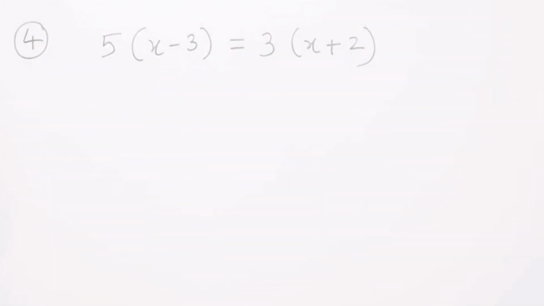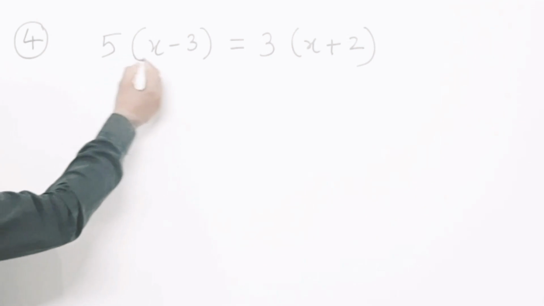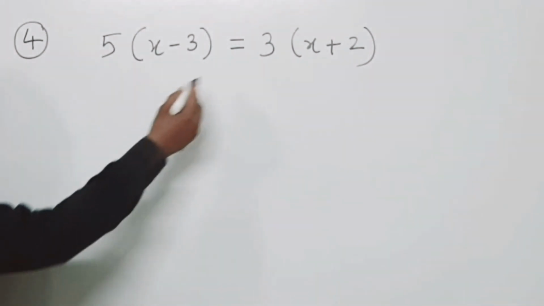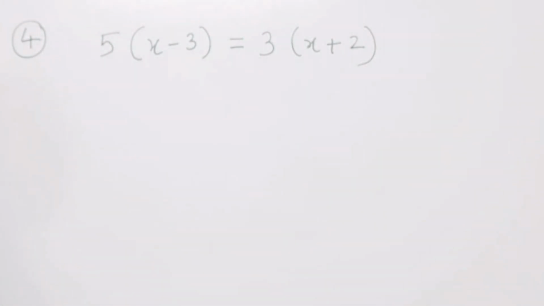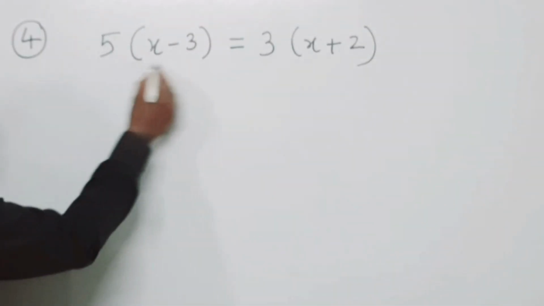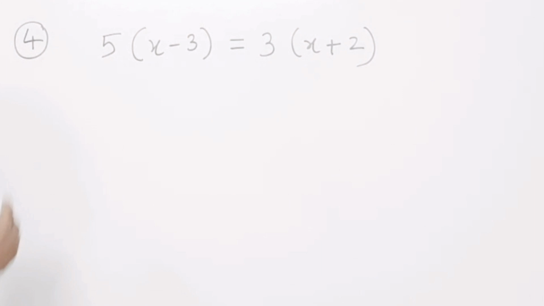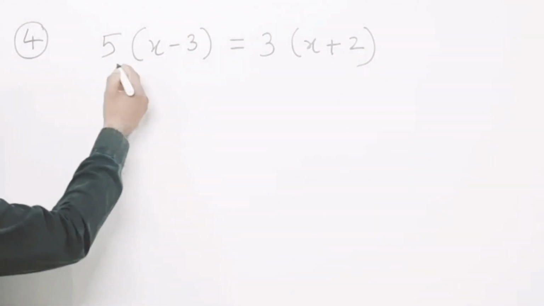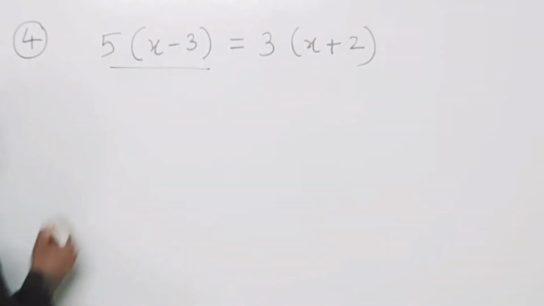Fourth example, 5 into x minus 3 is equal to 3 into x plus 2. The first step is to simplify the brackets, we should open the bracket. Multiply the first bracket by 5.